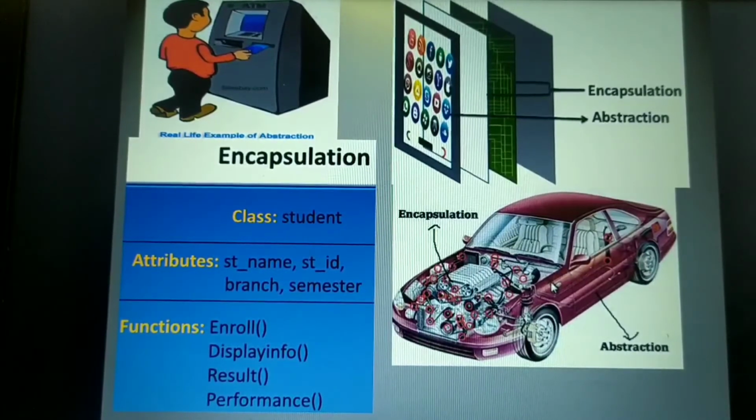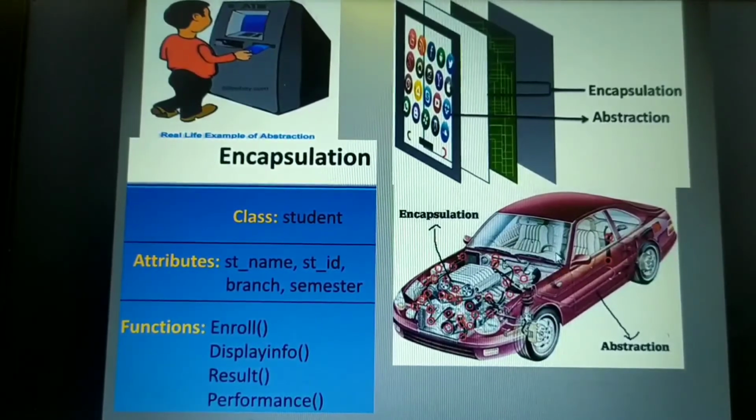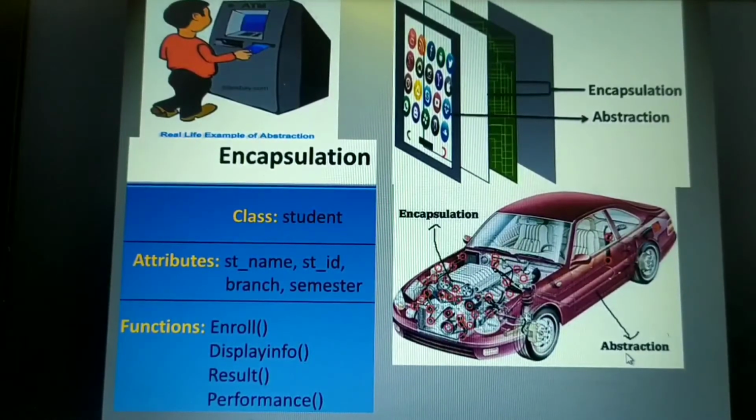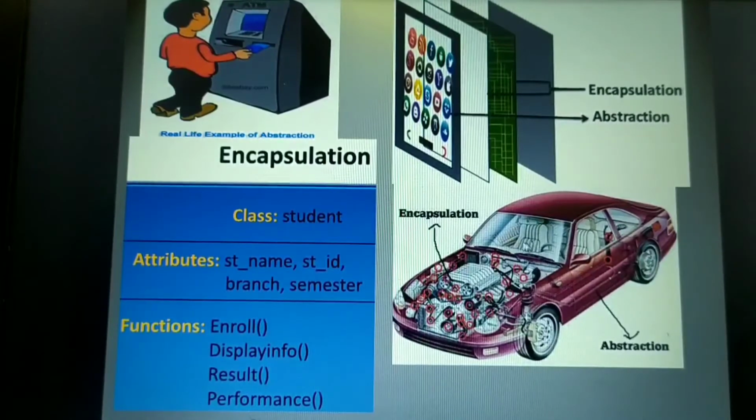Another easy real-time example is the car. The abstraction is what is shown to the user on his display, like what is the speed, what fuel limit he has, how much fuel is left, what the direction is, whether any door is open or not. Such information is displayed on his speedometer or the engine display at the driver's seat.